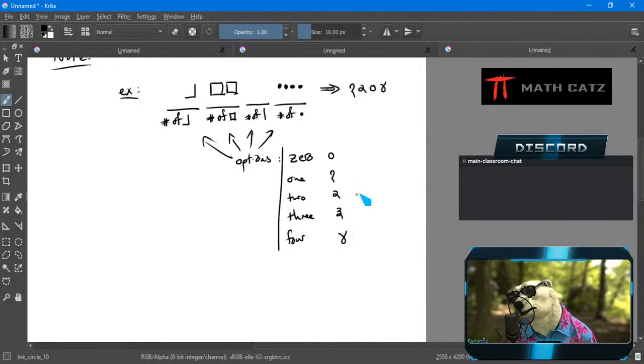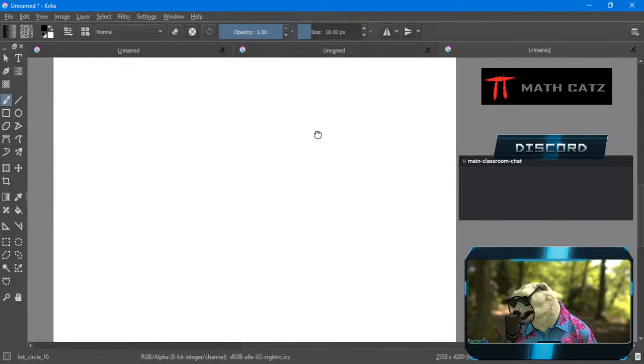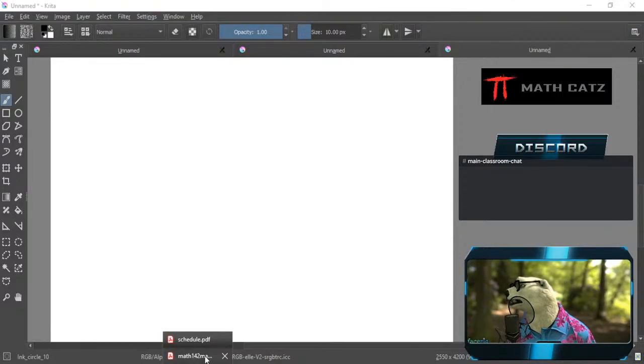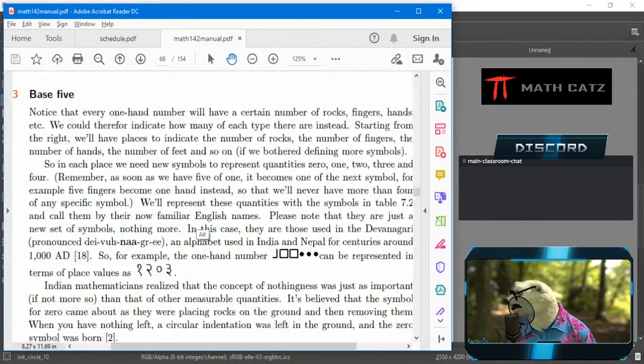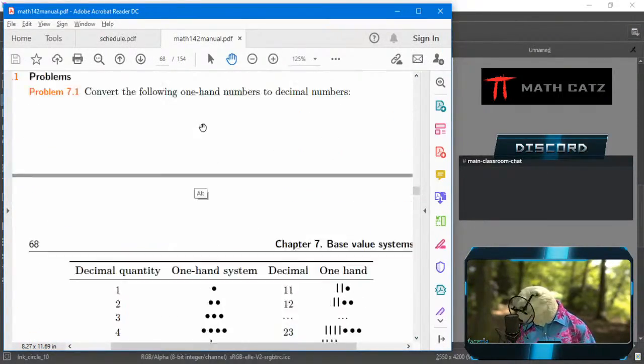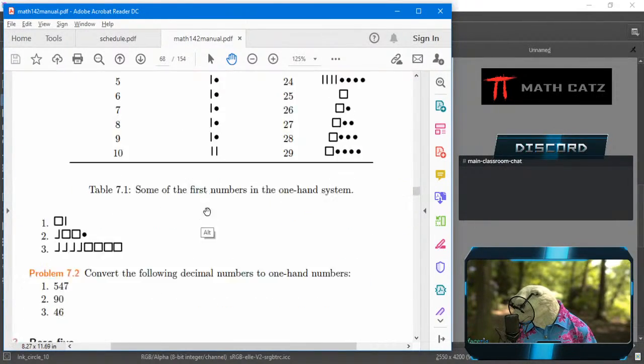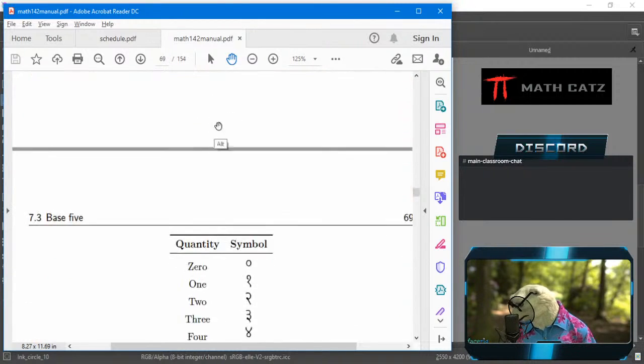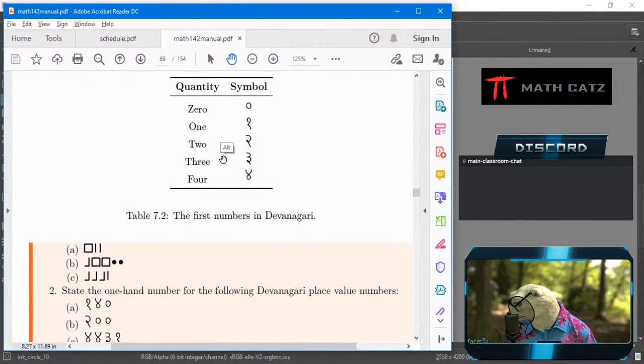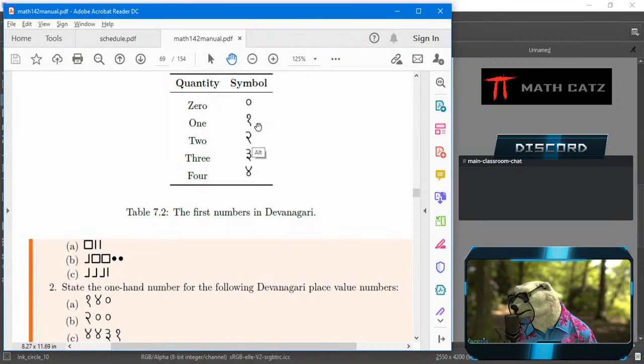Okay. So let me just check what our examples are so I don't miss one. We've done 7.1. So now we see here that's going to be our symbols. Maybe some require some practice.